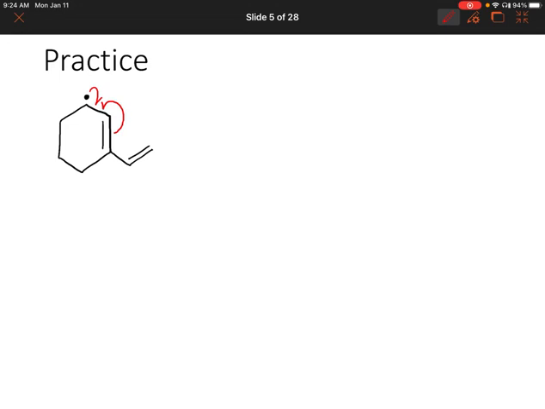And then the other electron from our double bond will go onto the carbon on the other side. So that's going to give us our second resonance structure.